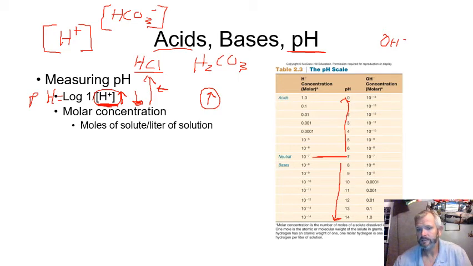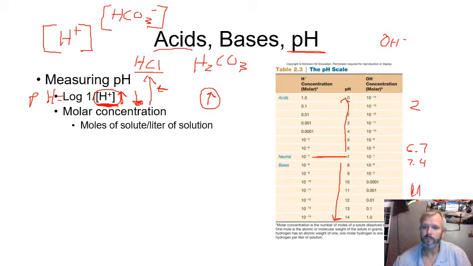Say 6.7, very slightly acidic on the pH scale. 2 would be highly acidic. On the opposite end, let's say 7.4 would be slightly basic because we're above 7, and say pH of 11 would be highly basic.